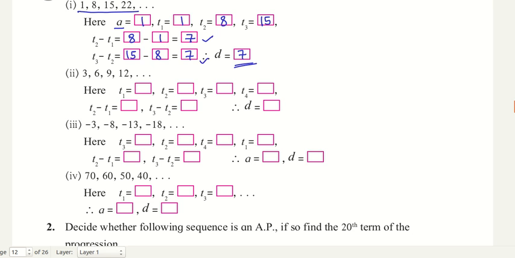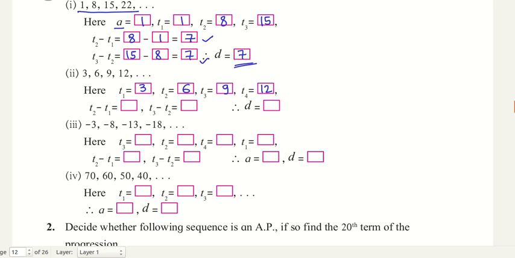So talking about the second problem, 3, 6, 9 and 12 are given. Over here the value of T1, the first term, is 3, T2 is 6, T3 is 9 and T4 is 12.